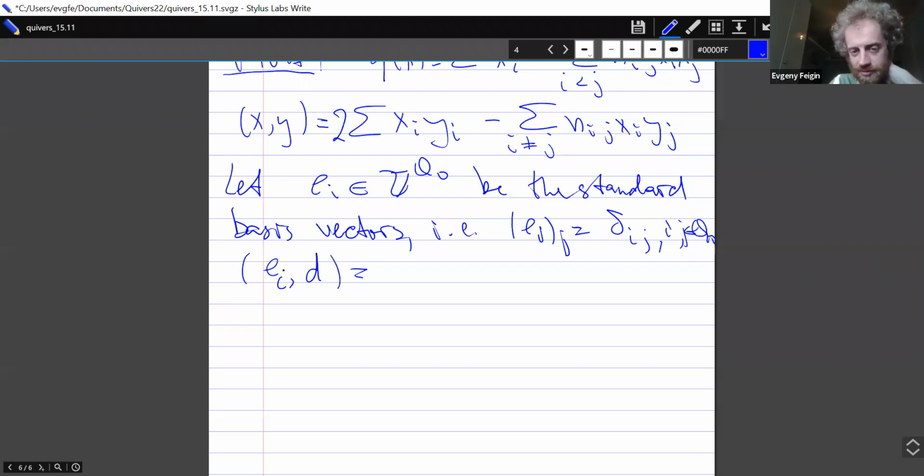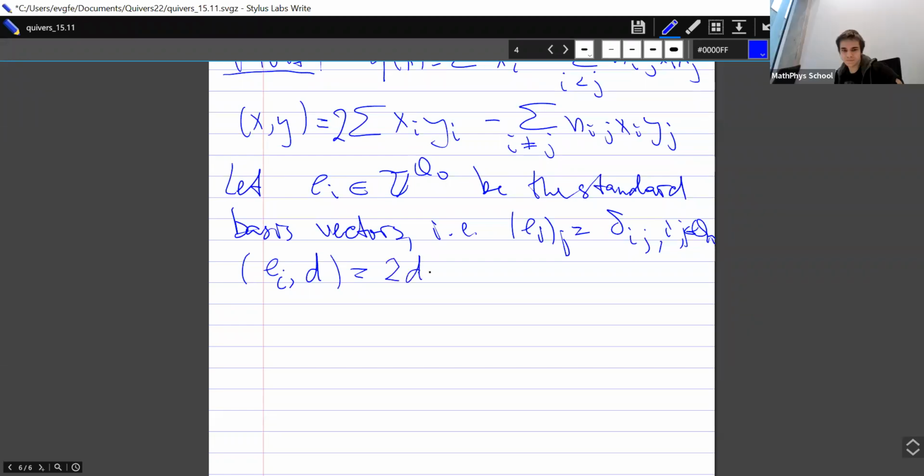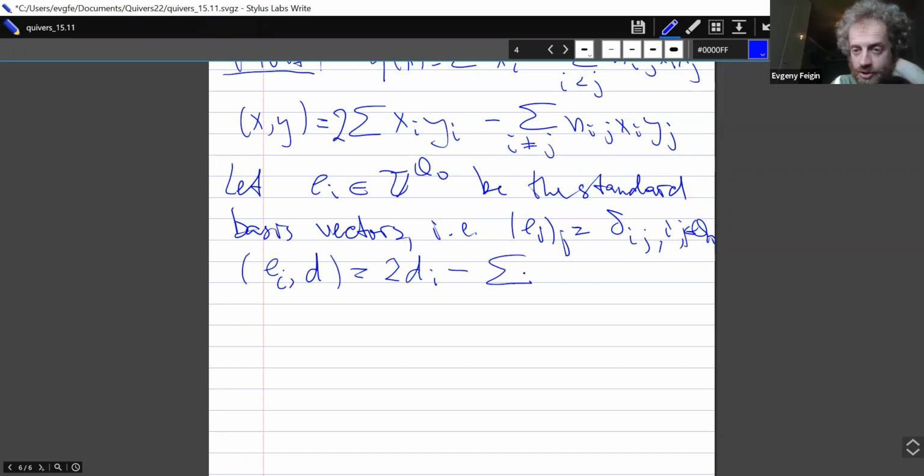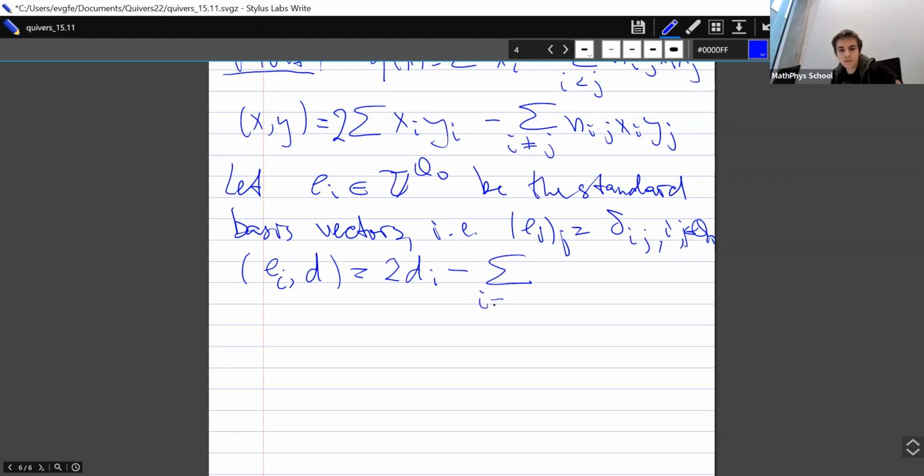Let's write the formula: two times d_i, minus the sum over j such that j is not equal to i, but here the sum is not over pairs but over j's, of n_ij d_j.